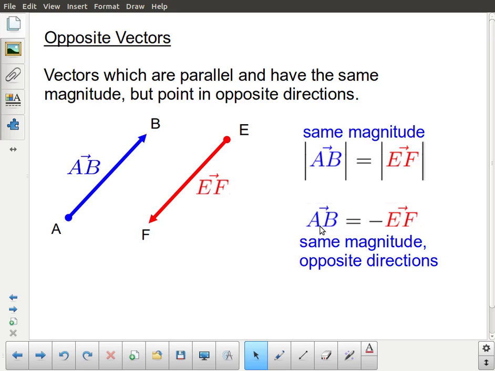The way we represent that is we actually are saying that the vector AB is, and we use the minus sign to represent the idea of an opposite for a vector. So it has all the same properties as EF, except you would have to multiply EF by a -1 in order to get them to be the same.